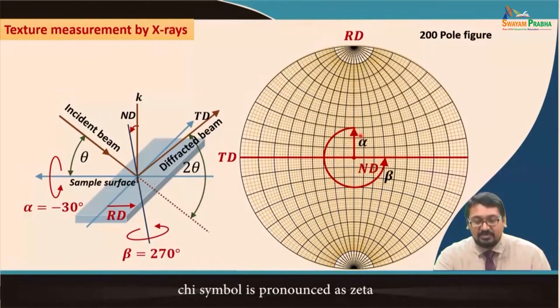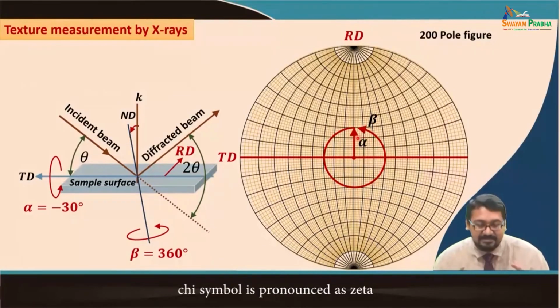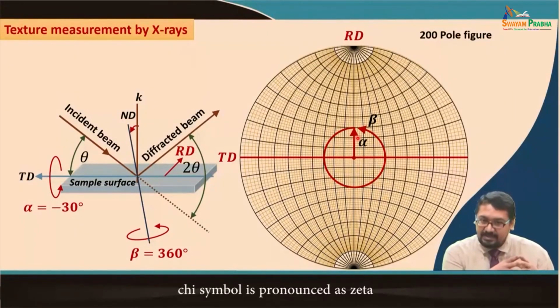We are tracing the whole sample up to 270 degrees and then up to 360 degrees. Like that we will increase alpha from 30 degrees to 35 and go up to 90 degrees, and trace the whole alpha-beta to measure the intensity points of this 200 plane. Like that we will have to measure the intensity points of 110, 200 and other HKL planes in order to get the complete information of the texture of the material.